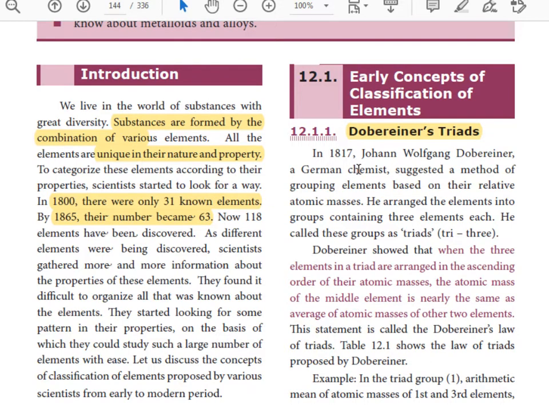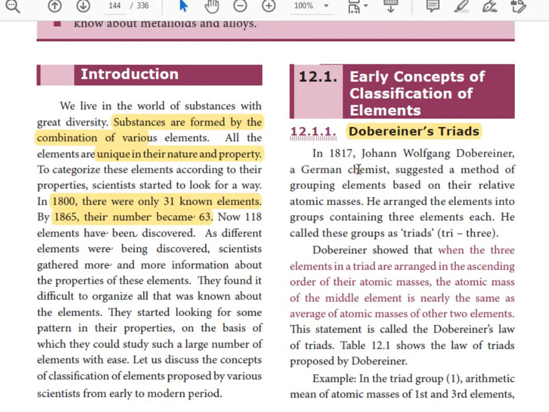The average should be roughly equal to the middle element's atomic mass. So we arrange the 3 elements in increasing order of atomic mass, and the average atomic mass of the first and third element is equal to the atomic mass of the middle element. This statement is called Döbereiner's law of triads.